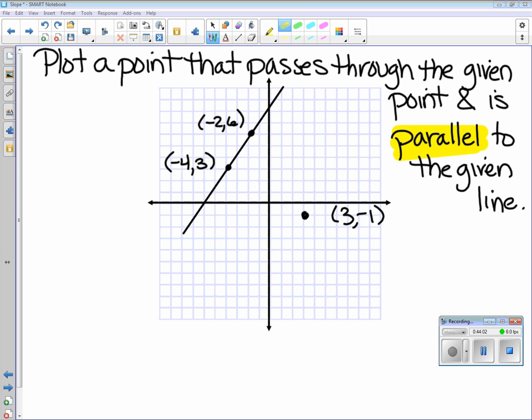Now, before we start actually plotting the point, what do you think we should do first? Find the slope of the line that we're given. What's the slope of the line that we're given? What's the slope formula?